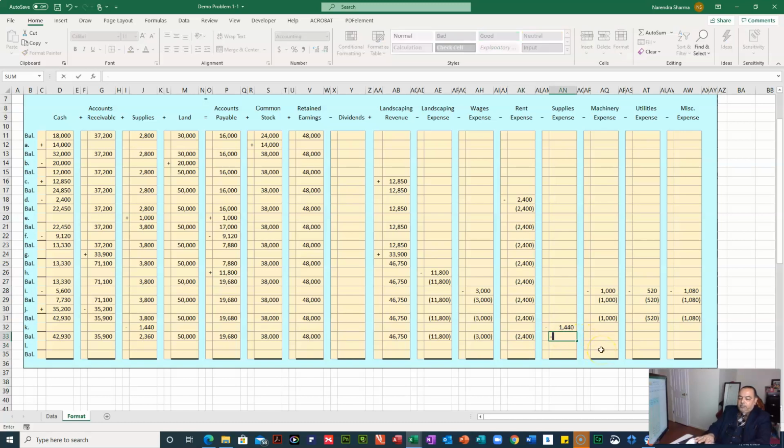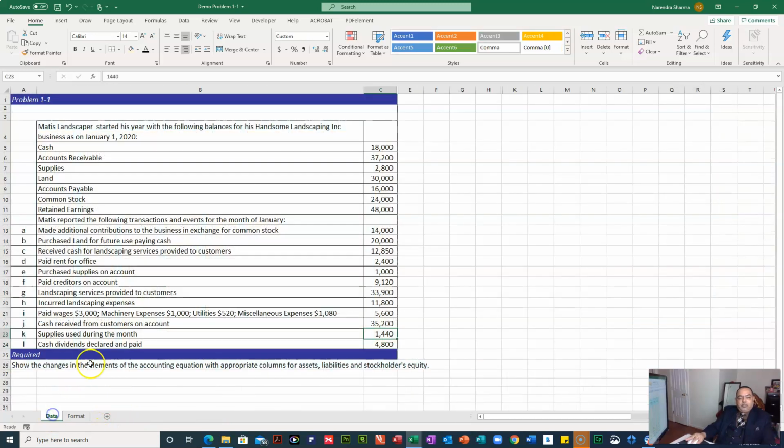This is going to be minus 1,440, and this is the same as minus 1,000, minus 520, and minus 1,080. Okay. All right, now we are left with one last item to deal with.